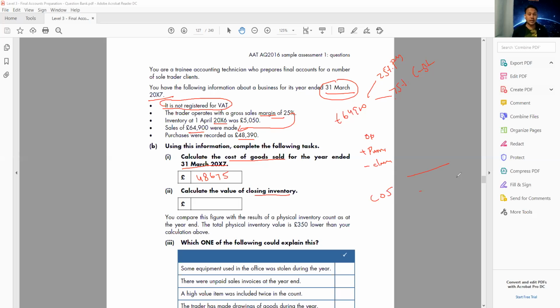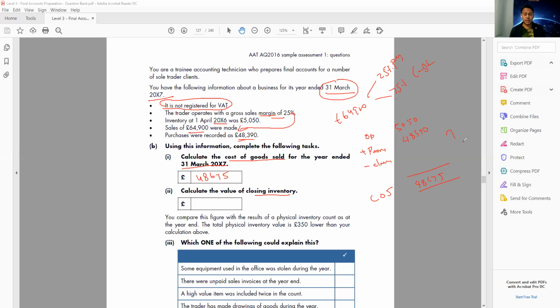So we need to now include the figures. We already have our cost of sales, that is 48,675. Then I have my opening inventory, that is 5050. I have my purchase, that is 48,390. I need to find the closing inventory.